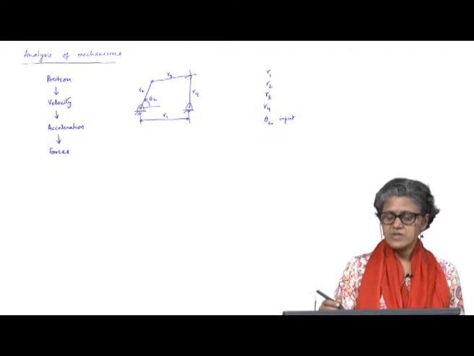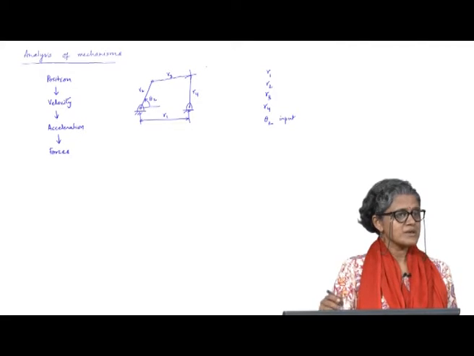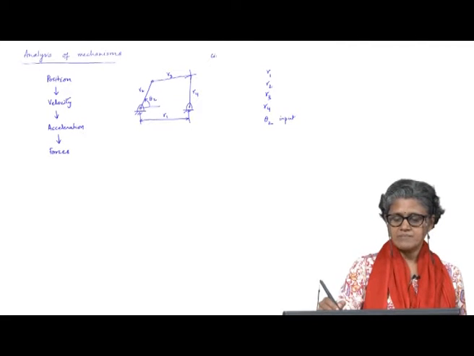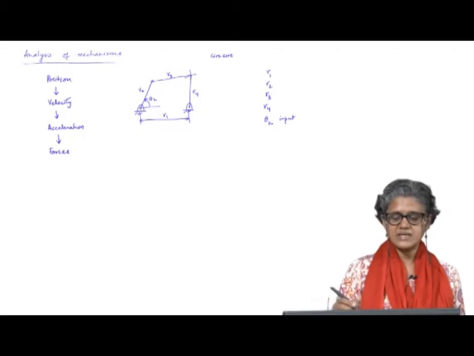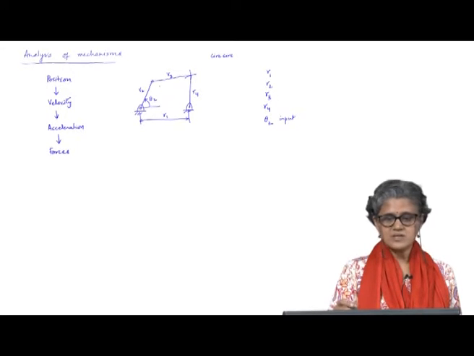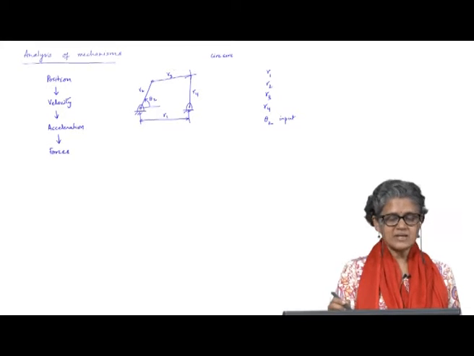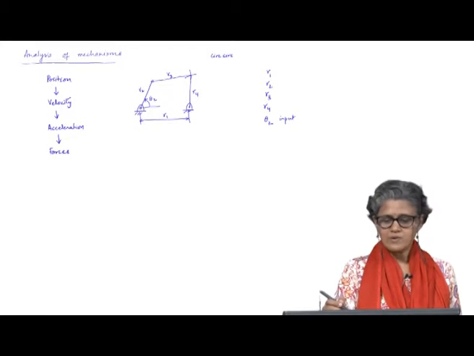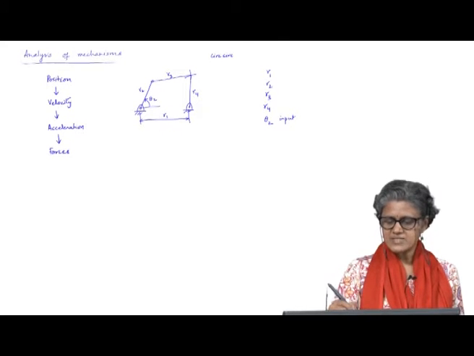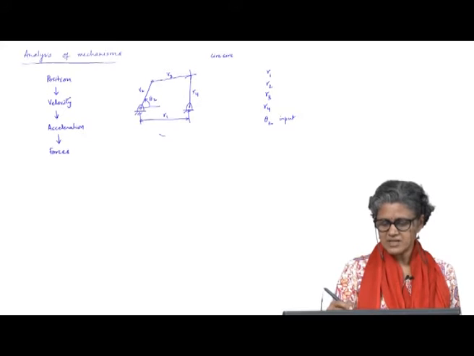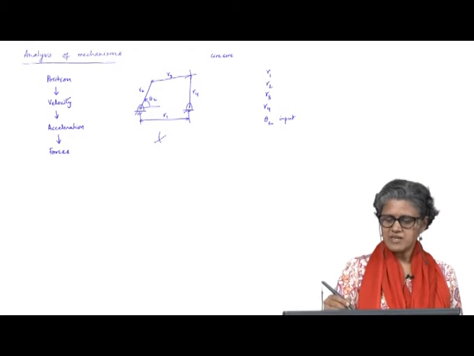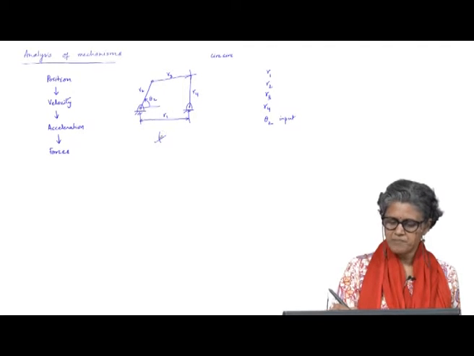MATLAB has this circ command, which basically finds the intersection of two circles, one with radius r3, one with radius r4. You give it the center and the radius, and similarly for the other circle, and then it will find the two intersections. So, the other intersection basically will give you the other configuration for this 4 bar.